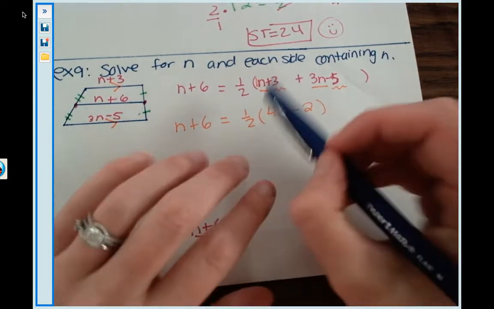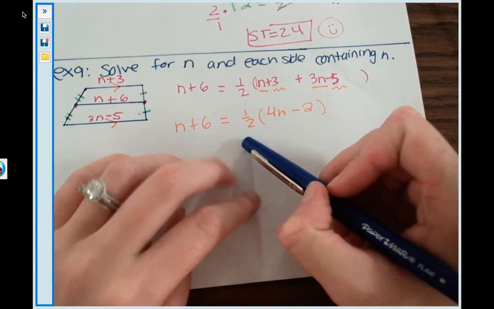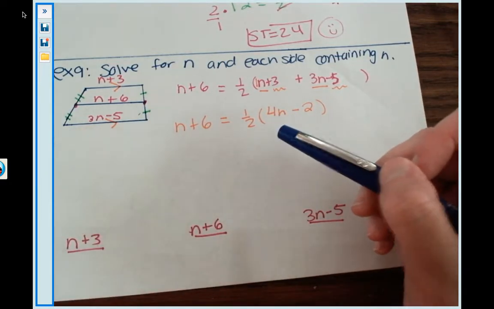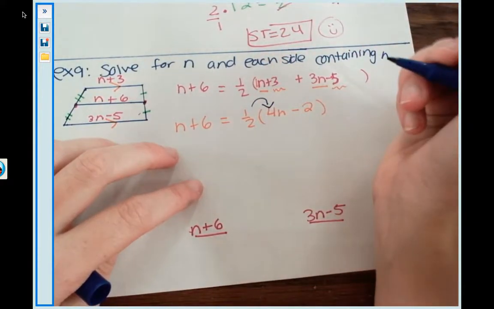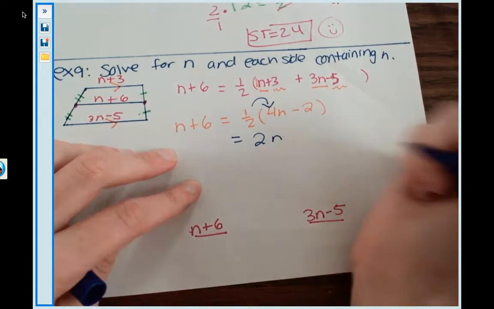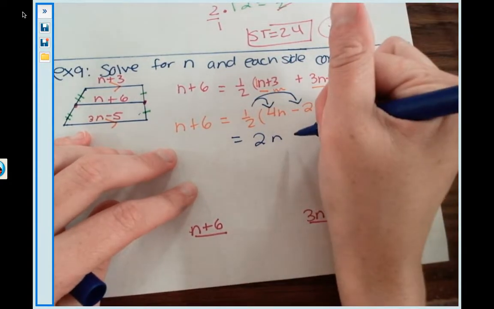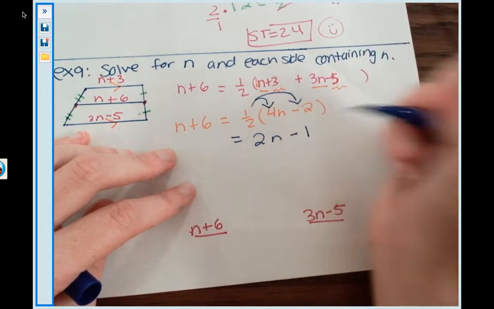I'm going to distribute because looking here, my 4 and my 2 can be divided by 2, so this fraction is not going to cause too many problems, so I might as well work with my fraction. So 1/2 times 4n, or half of 4n, will give me 2n, and 1/2 times negative 2 will give me negative 1, or half of 2 is 1, so negative 1.